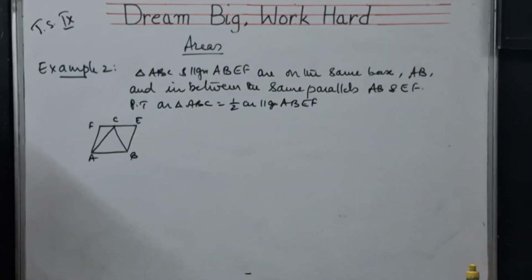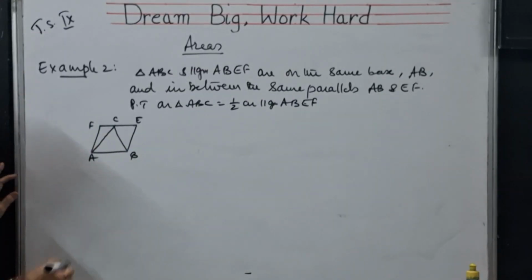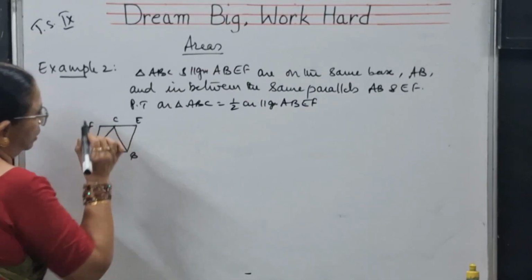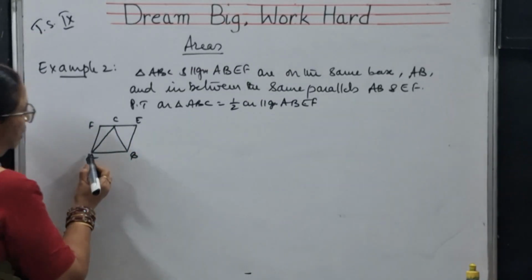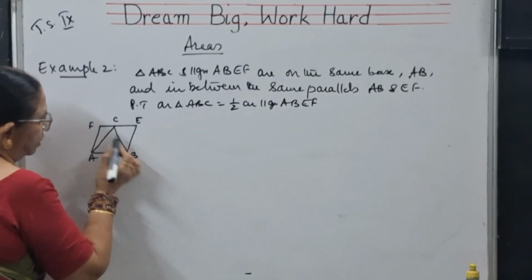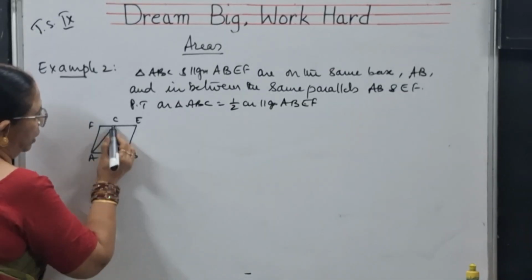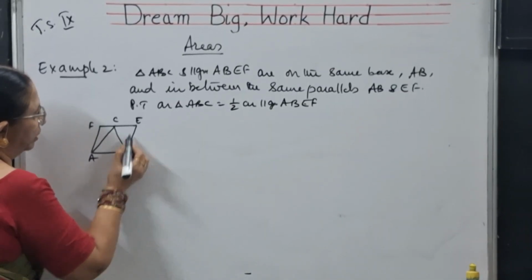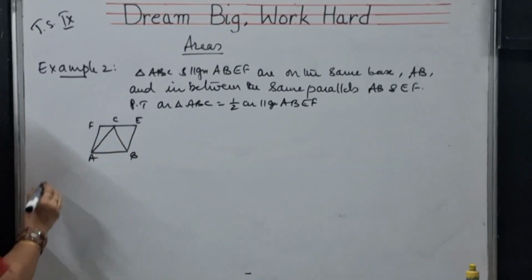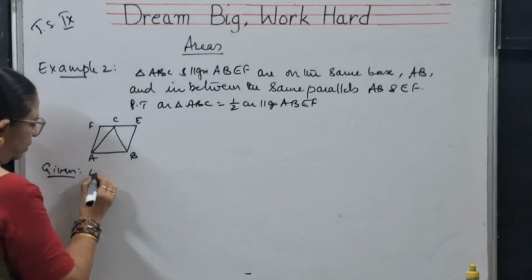Now example 2, children. Triangle ABC and parallelogram ABEF are on the same base AB and in between the same parallels AB and EF. Now we need to prove that area of triangle ABC is half of the area of parallelogram ABEF. So what is given to you?